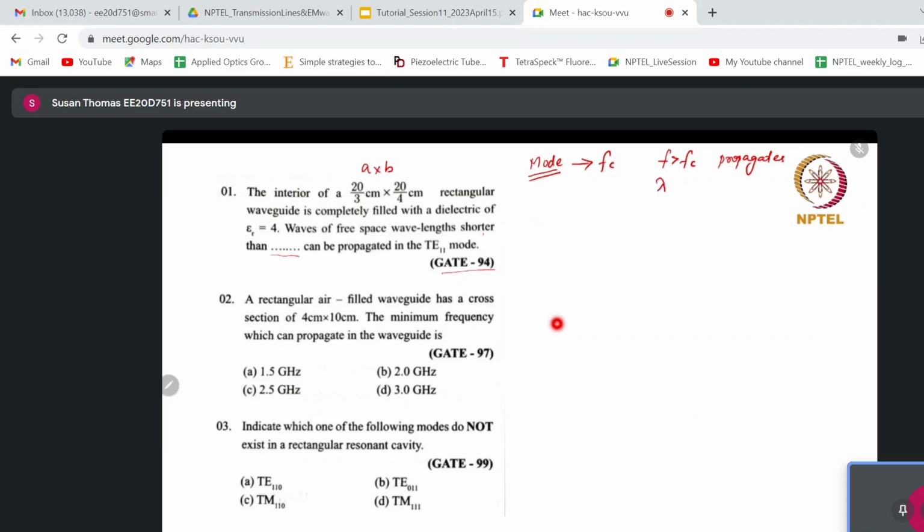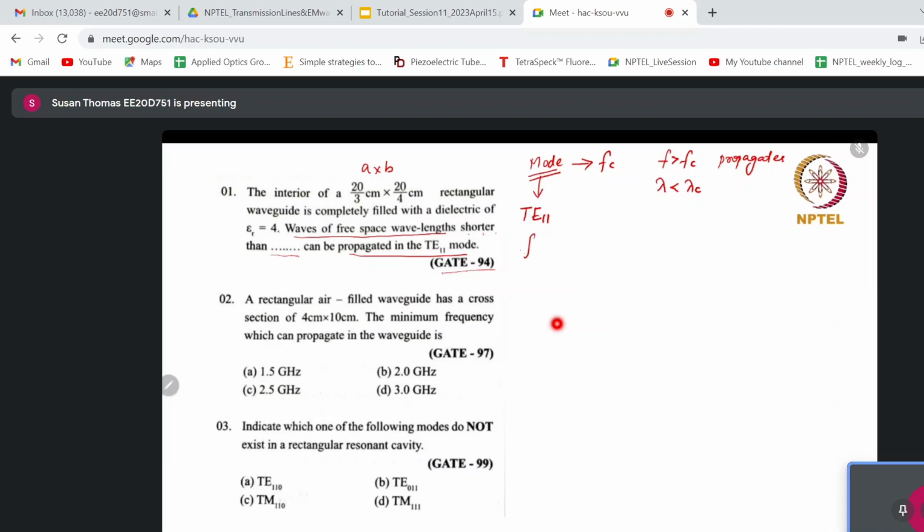Or in terms of wavelength, we can say lambda less than lambda c propagates. So waves of wavelength shorter than this cutoff wavelength will be propagated in the TE11 mode, which is the mode we are concerned with here.